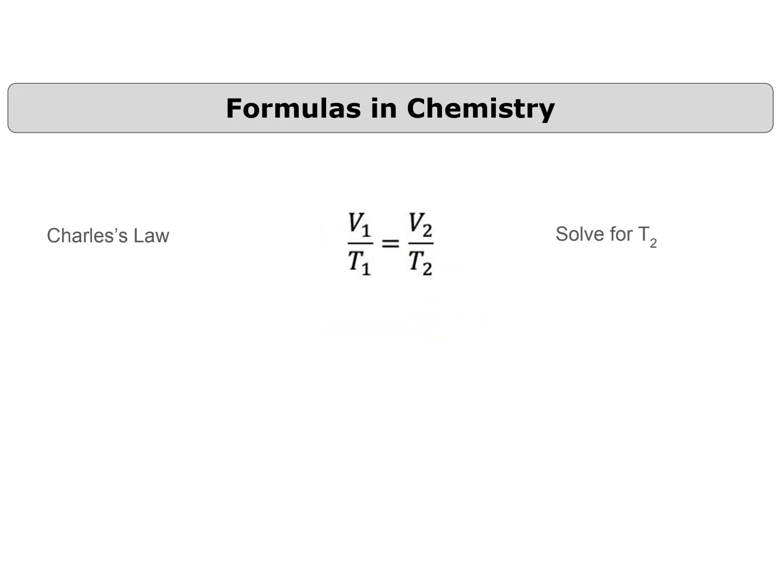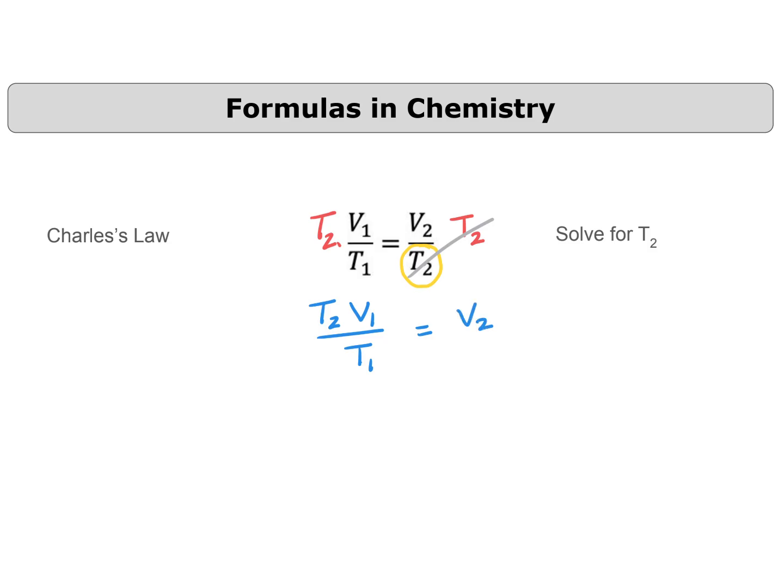It is a little bit more work when we are solving for a variable in the denominator, because we need to make that step to get the variable into the numerator. So here we will want to multiply both sides of the equation by T2, and the T2's on the right side will divide out. We'll have T2 times V1 over T1 is equal to V2.